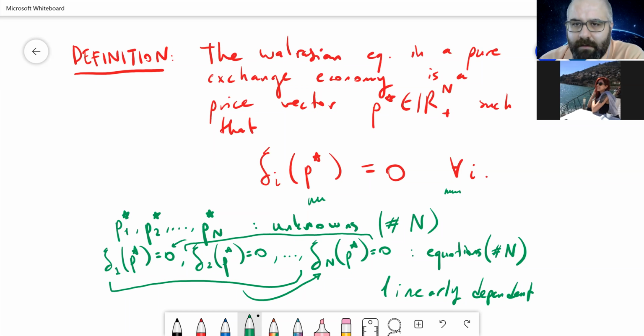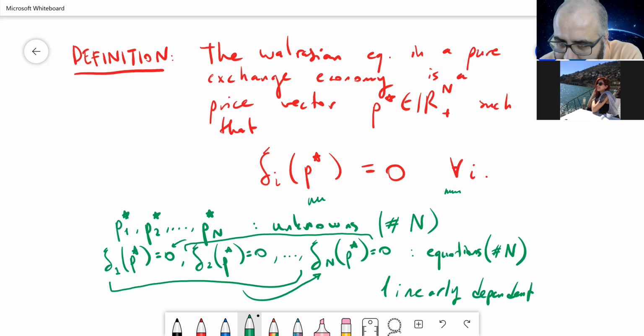And then you must include that in the price system, because again, these equations are not independent because of the Walras law. If people spend all their incomes on consumption expenditure, then Walras law is true. If all the markets are in equilibrium but just one, then the last one must also be in equilibrium.